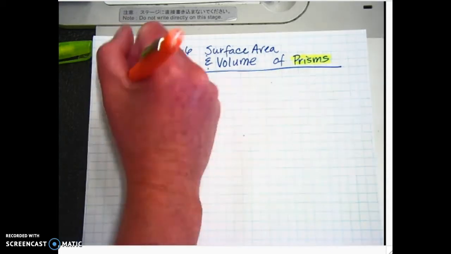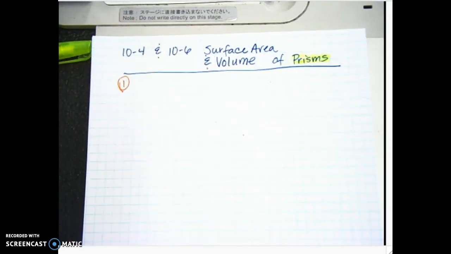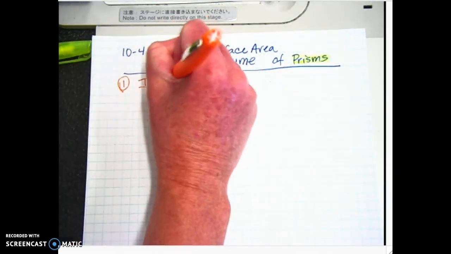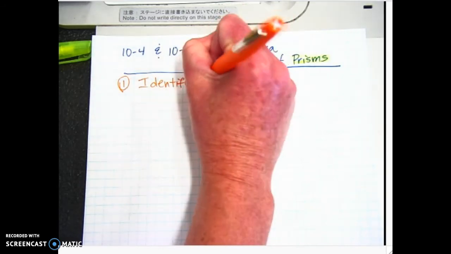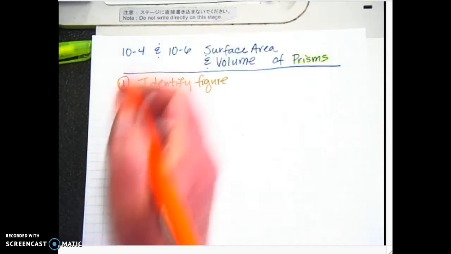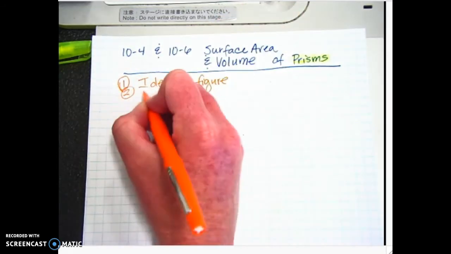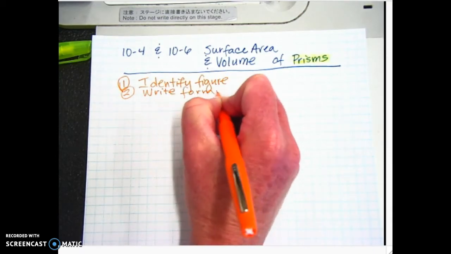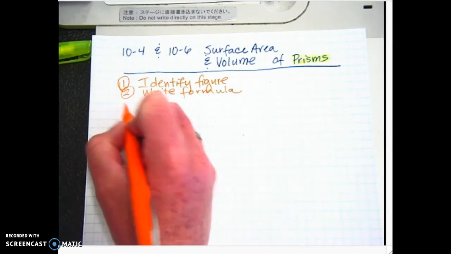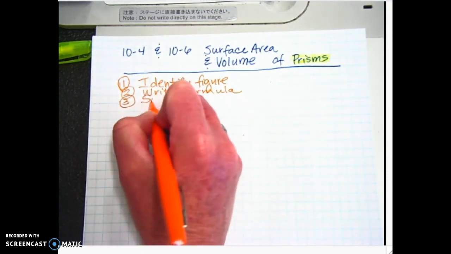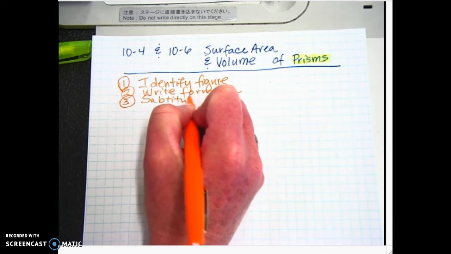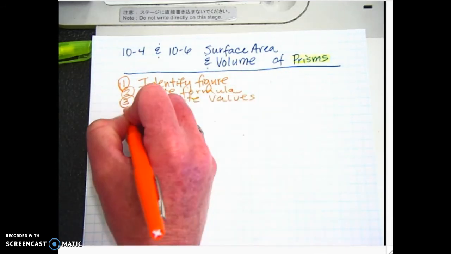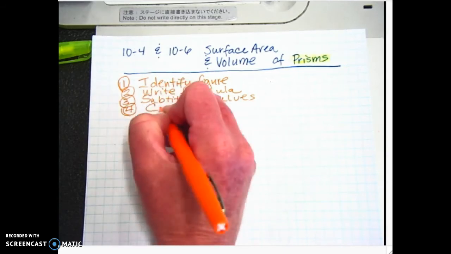Okay, so just a reminder of the 5 steps that we learned in the last chapter. 1, you're going to identify the figure. 2, you're going to write down the formula. 3, you're going to substitute values. 4, you're going to use your calculator.